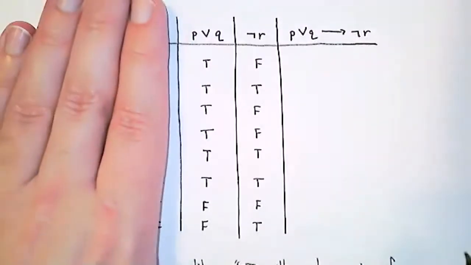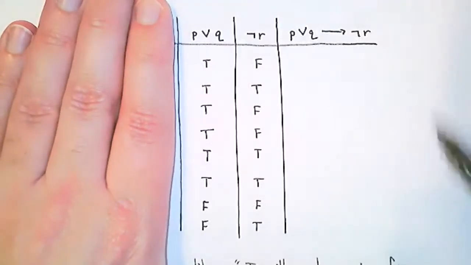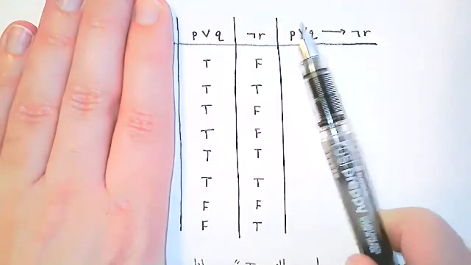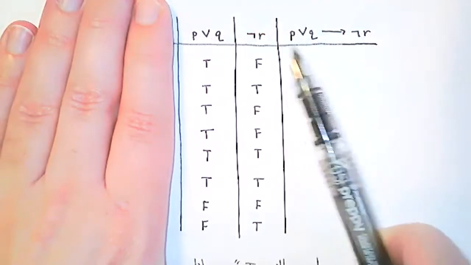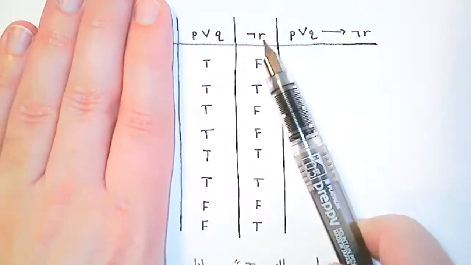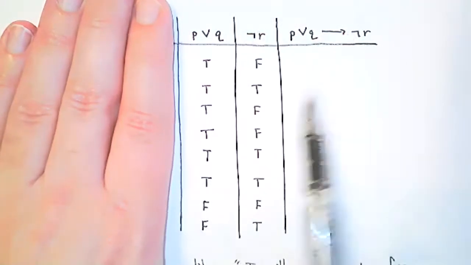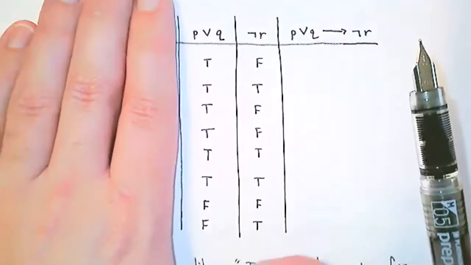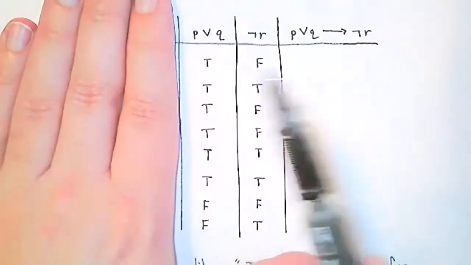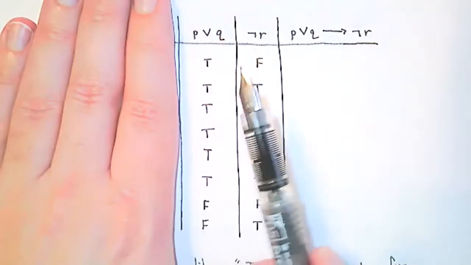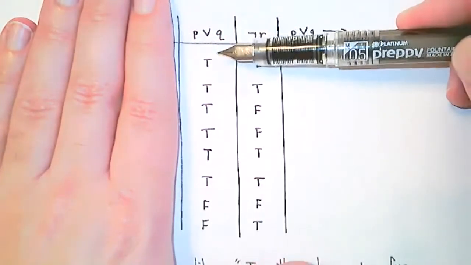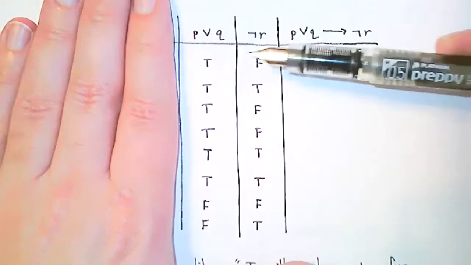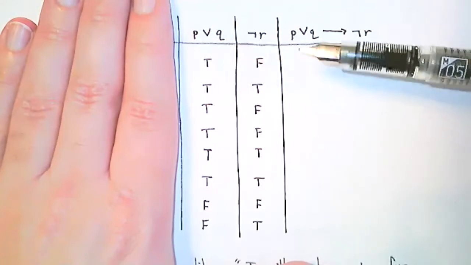Now we're going to ignore all of this stuff because this is the left-hand side of my conditional. This is the hypothesis, and this column is the conclusion. So we can totally ignore the stuff on the left and just look at these truth values. If I get a true here and a false there, that's the only time this is going to be false.